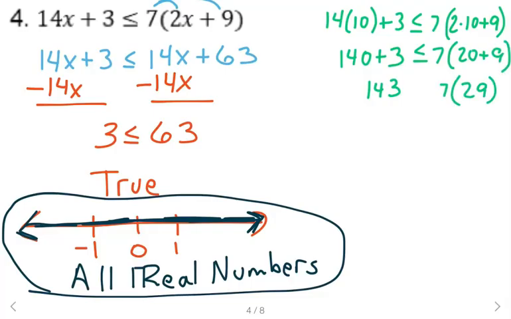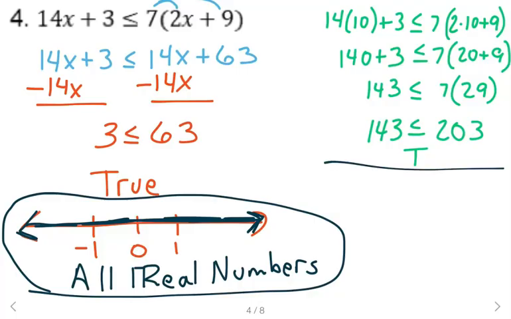And then 29 times 7 would be 7 times 9 is 63, carrying a 6. 7 times 2 is 14, plus the 6, 203. That's a true statement. So that's a solution to the inequality. We could try maybe negative 5.